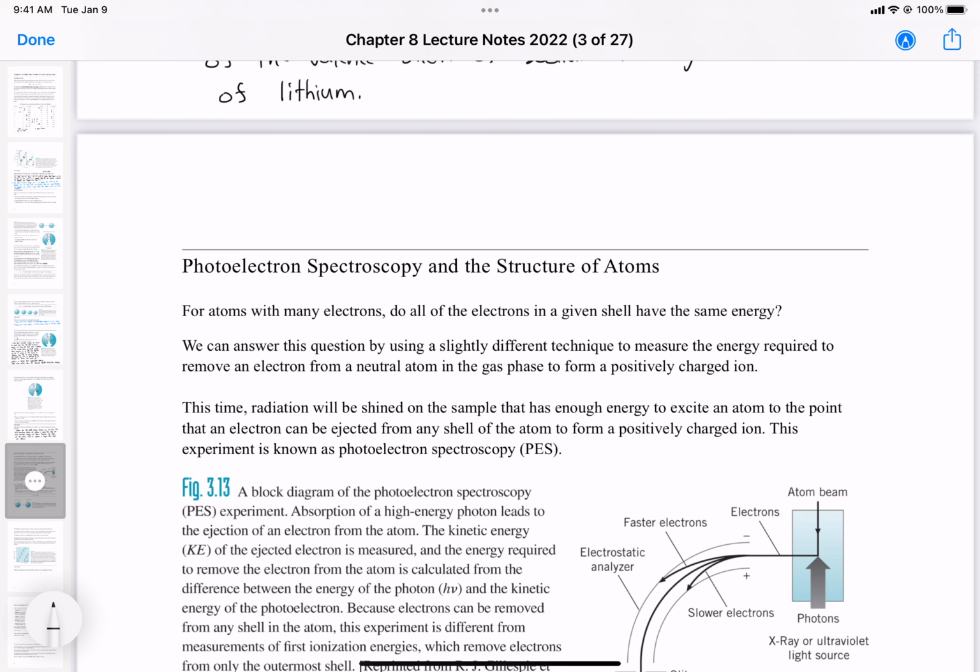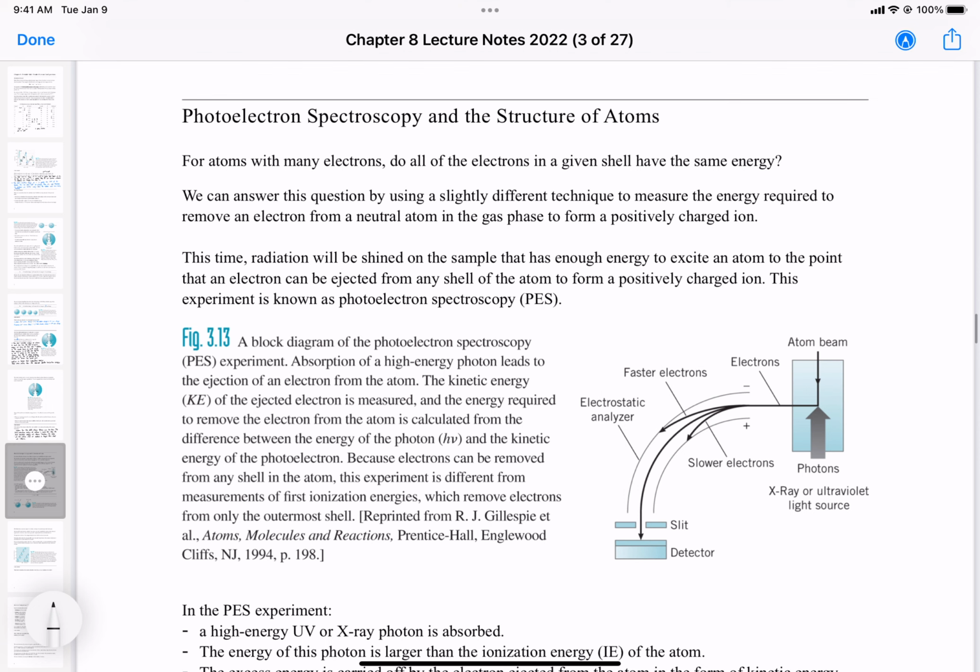So that's a pretty useful piece of information, and it supports our arrangement of the periodic table. Okay, so here's a little diagram of a setup for this kind of spectroscopy experiment. What happens is you have an atom source, and it will be irradiated with photons from X-ray or UV light.